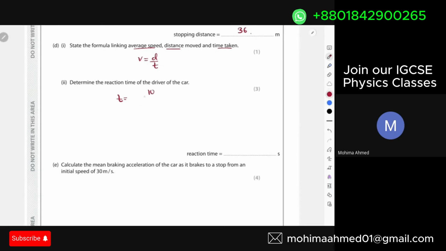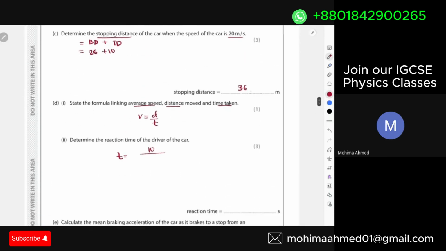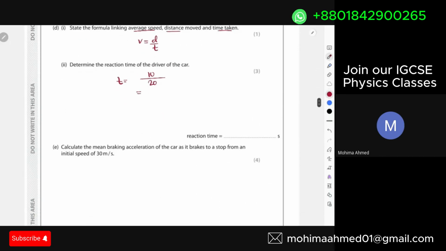D over here is 10 meters, and t equals d over v. Velocity was 20 meters per second, and that will be 0.5 seconds. And that is your final answer, the reaction time for the driver of the car.